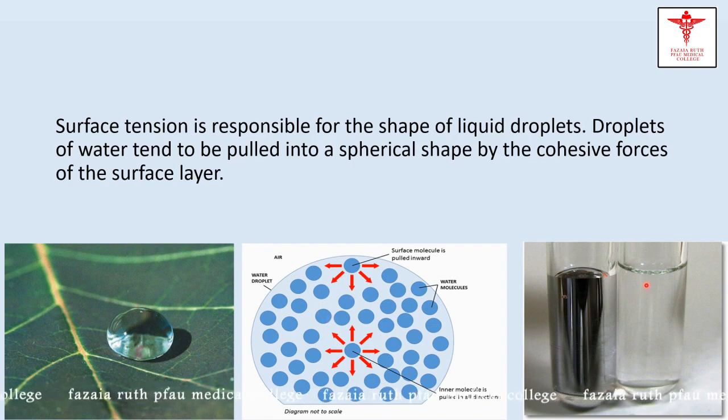Besides cohesive forces, there are adhesive forces as well, which are attractive forces between the liquid molecules and the container. In the formation of a lower meniscus, there are stronger adhesive forces than cohesive forces. In this instance, mercury forms an upper meniscus because there are more cohesive forces and less adhesive forces.